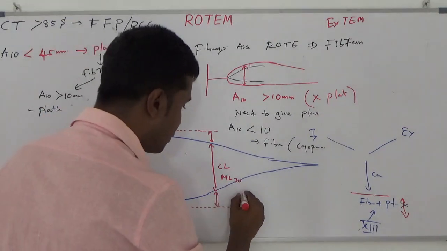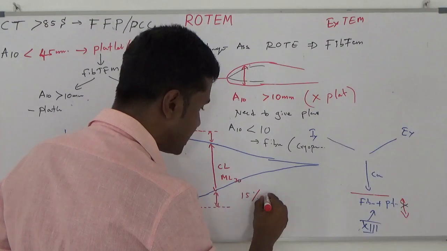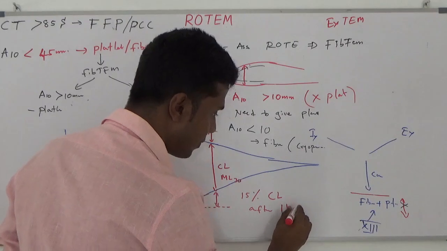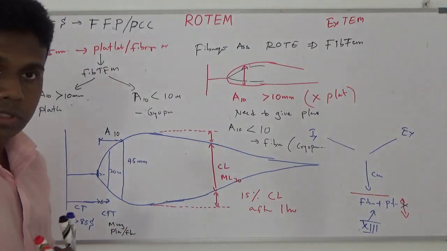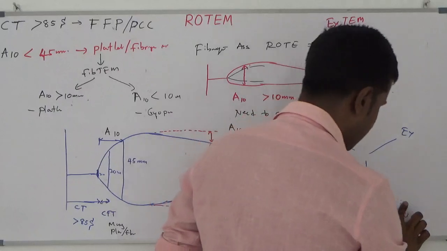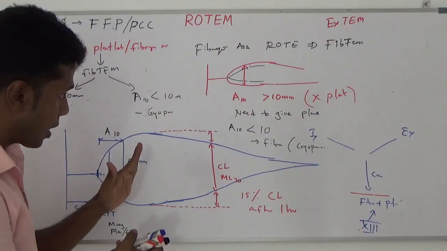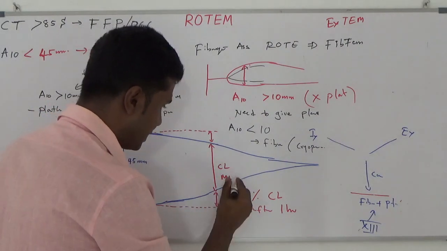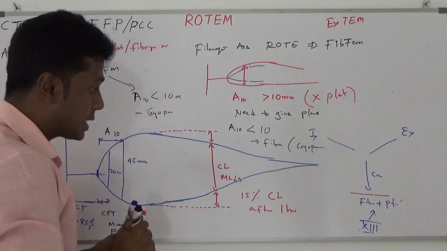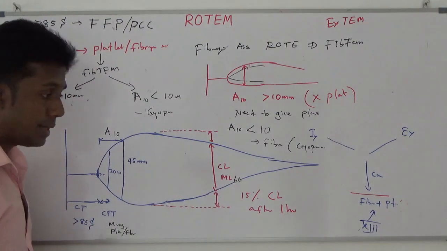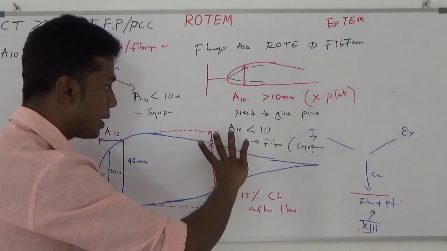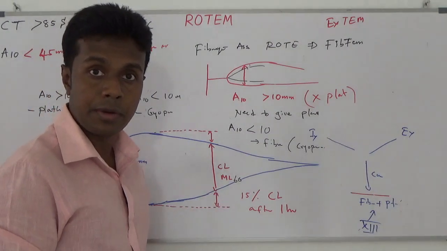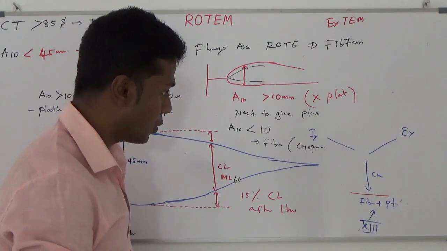If your patient has more than 15% of clot lysis after 1 hour, your clot lysis process is rapidly happening. I will repeat it again. If your patient has maximum clot lysis after about 60 minutes of more than 15%, that means the clot lysis process is accelerated, and highly fibrinolysis is going to happen.